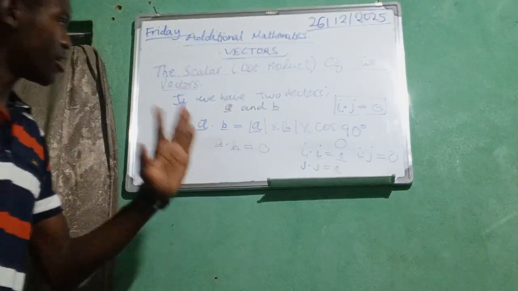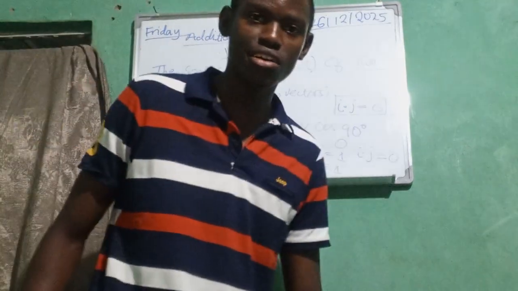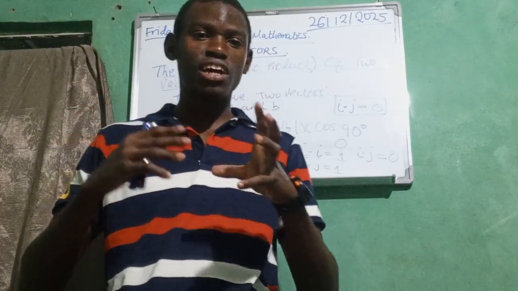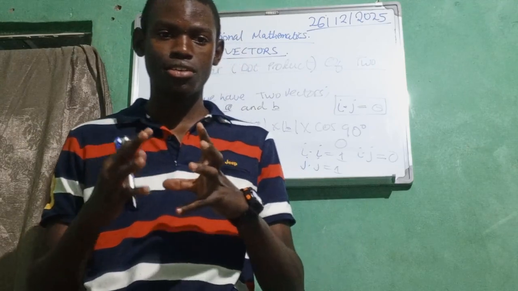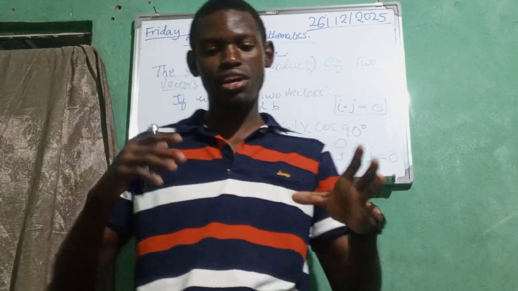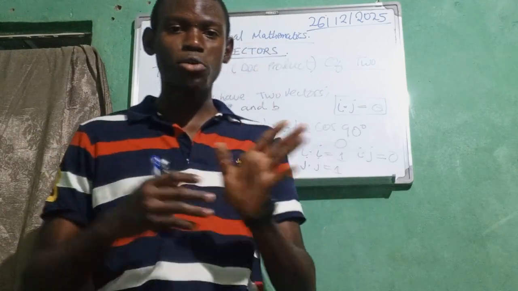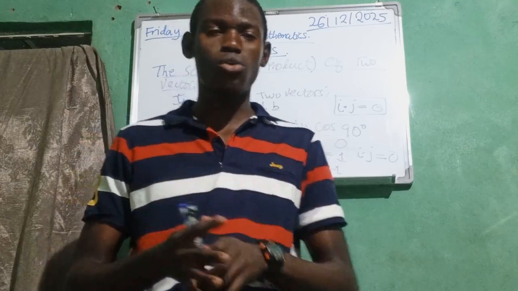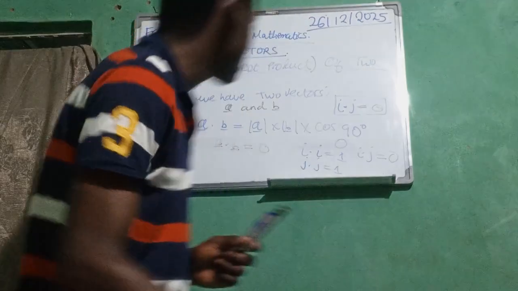So the fourth rule is that the dot product is associative. The dot product, or multiplication of vectors, is associative.